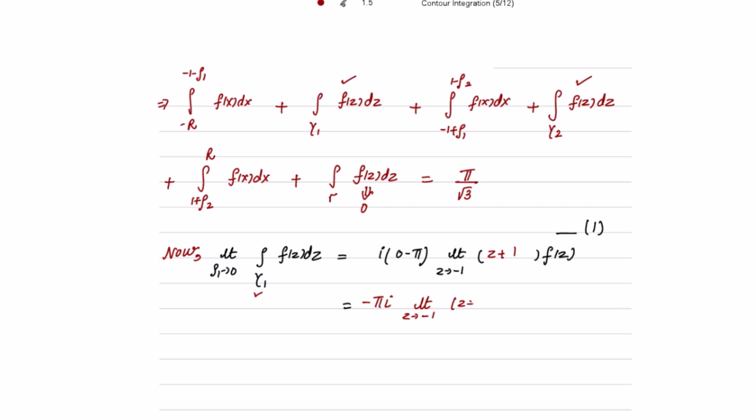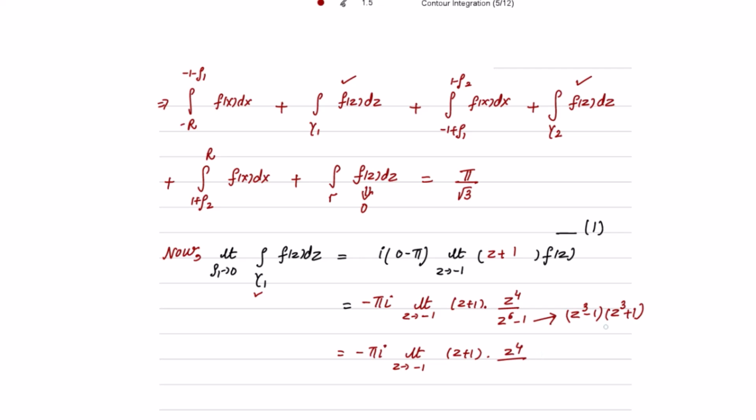This is (z + 1), and the function is z^4 over z^6 − 1. This can be broken up into (z^3 − 1) and (z^3 + 1). So this is minus πi, limit z tends to −1 of (z + 1) z^4 over these factors.